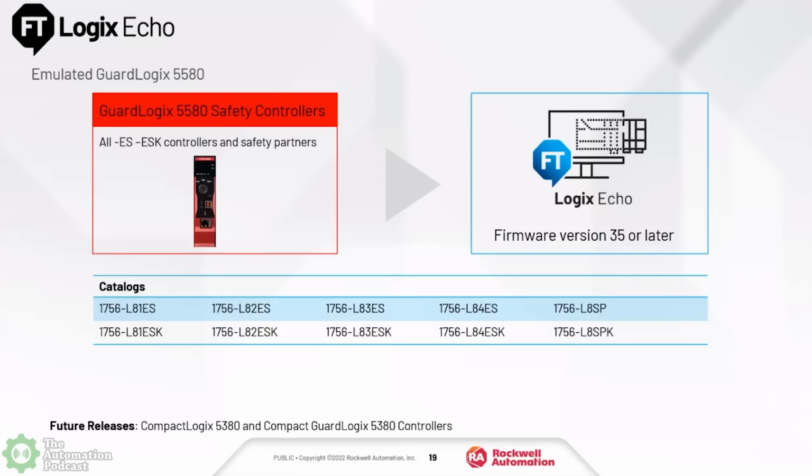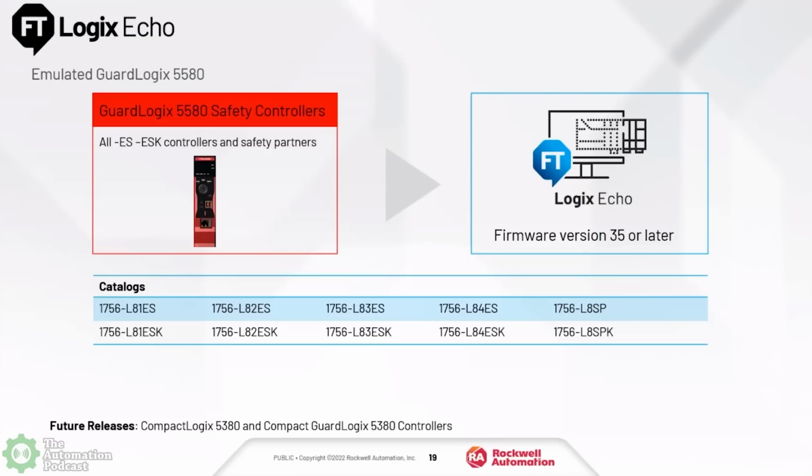And the nice thing about this too is we all know the pain of having to change a safety signature. So with these projects, when we said you don't have to change anything, we meant it. When you download your GuardLogix program, the signature remains unchanged.